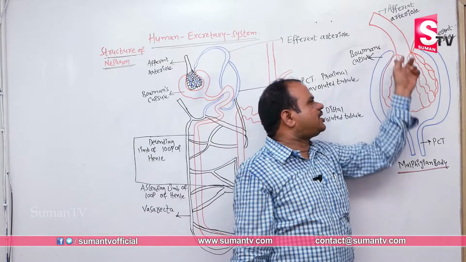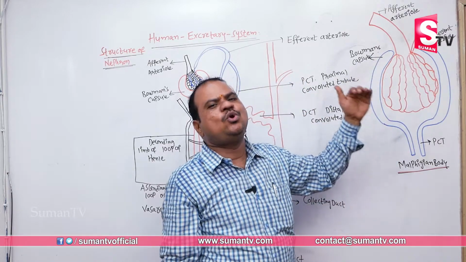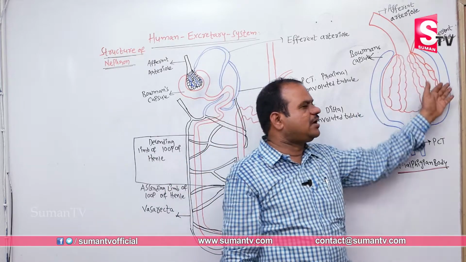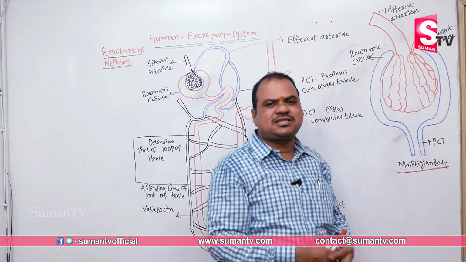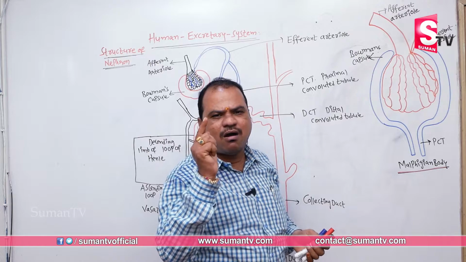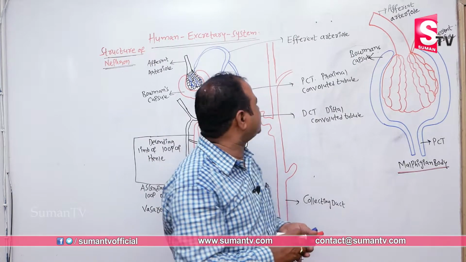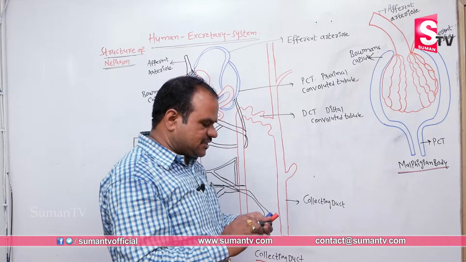The afferent arteriole is divided into a number of branches, and the branches have small capillary-like structures.